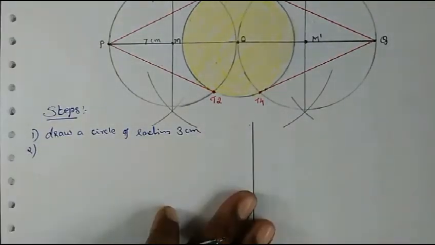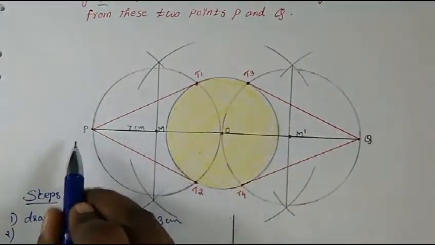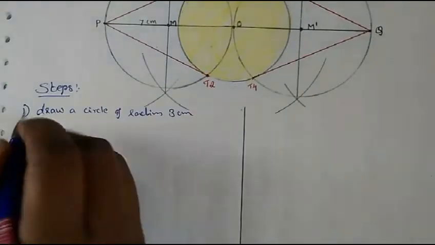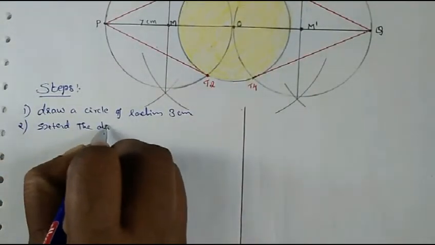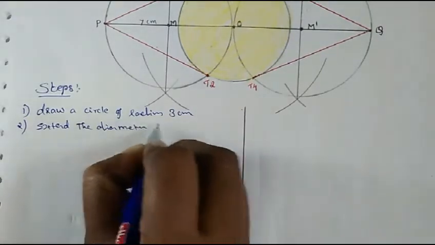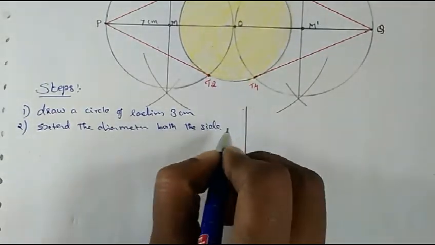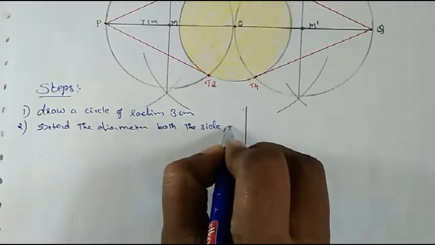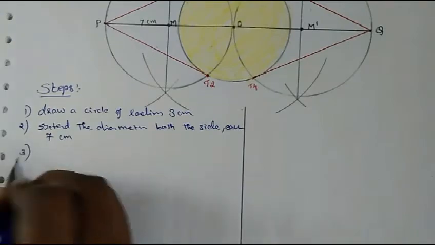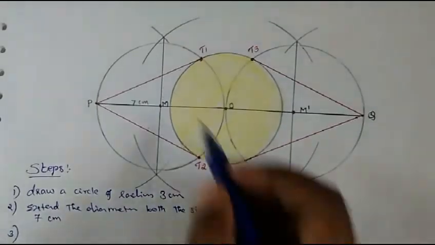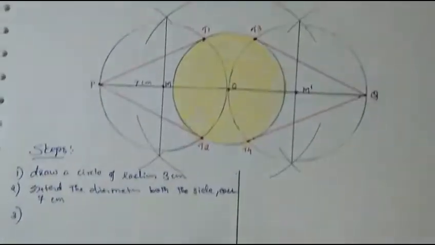Then, after drawing the circle, we extended the diameter on both sides, each 7 centimeter.